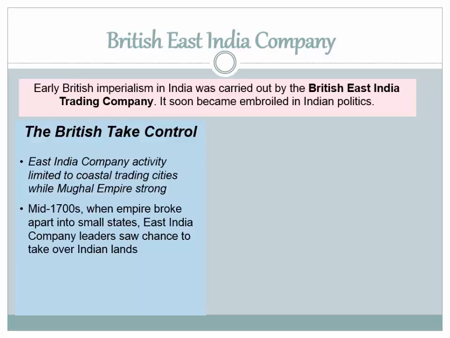Mid-1700s, empires broke into smaller states. Okay, so East India, because India's political climate was already breaking apart, they were broken into kingdoms, if you will, led by Rajas. Sorry. Basically, king princes. I said that right?